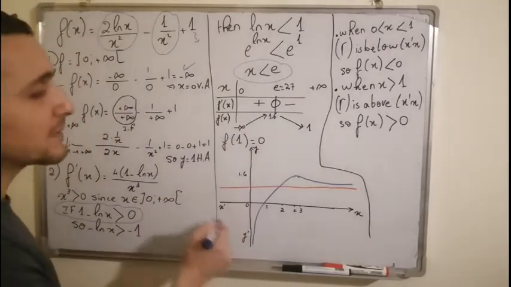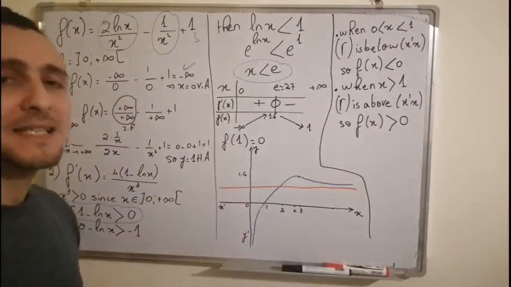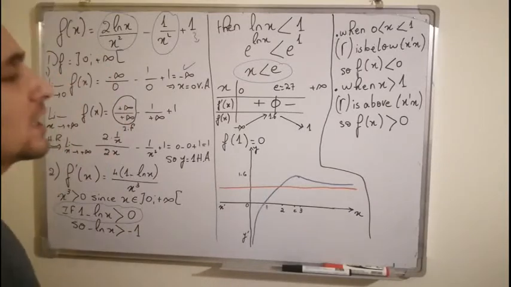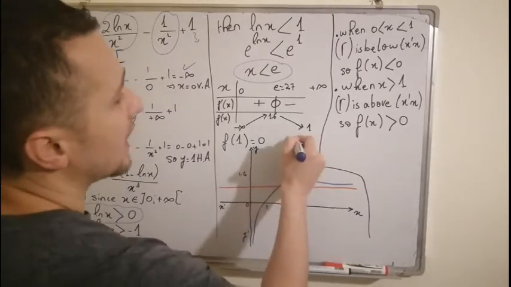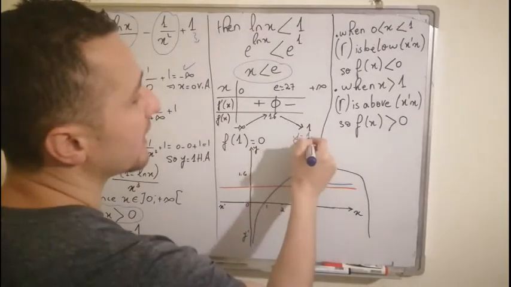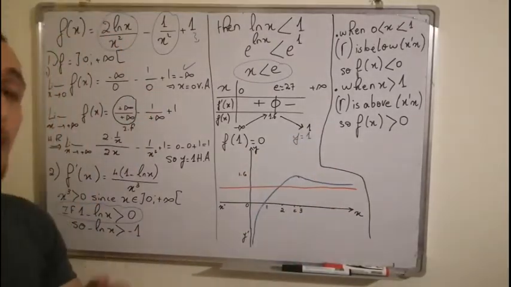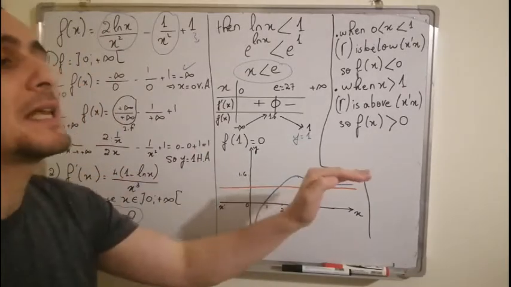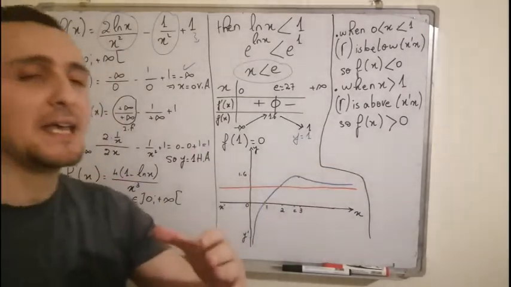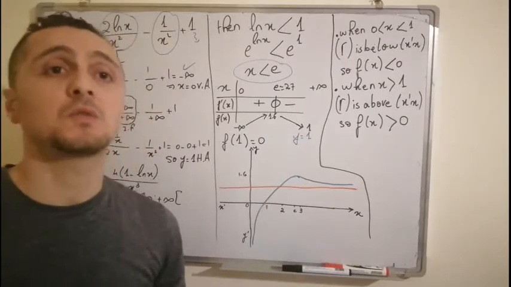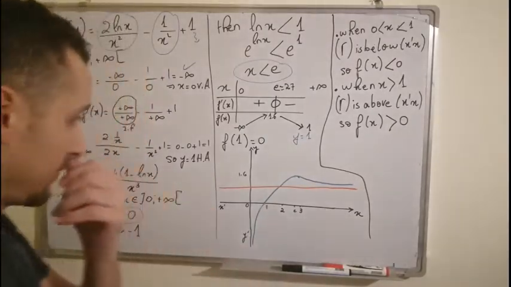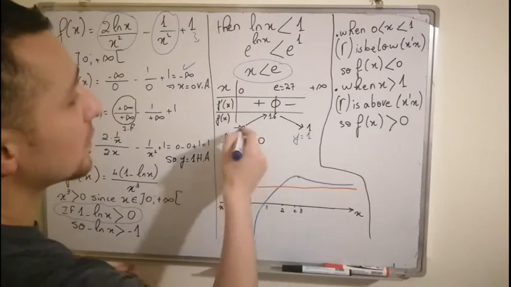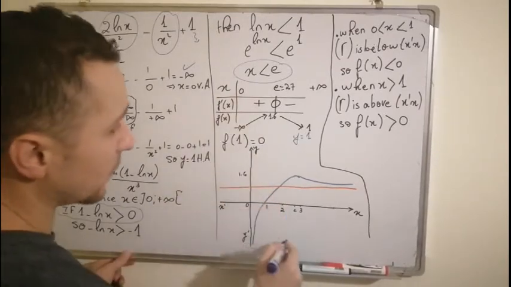In an orthonormal system of axes, x'x, y'y, we have a horizontal asymptote y equals 1. So the first step is to draw the horizontal asymptote. In general, the first step is to draw the asymptotes. y equals 1, and to draw this function we have the points.